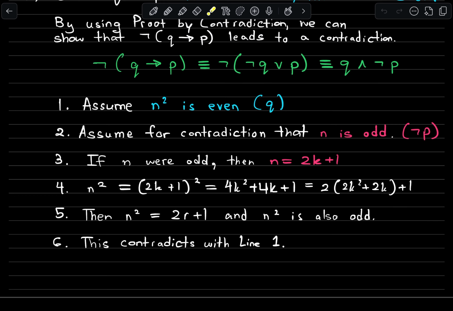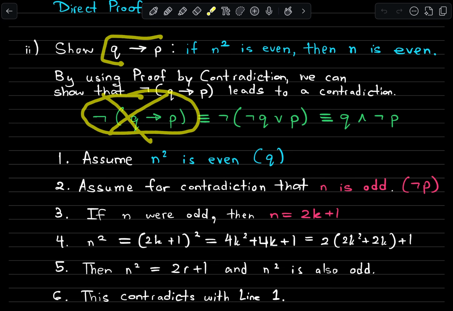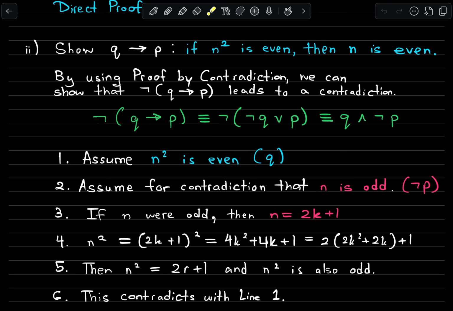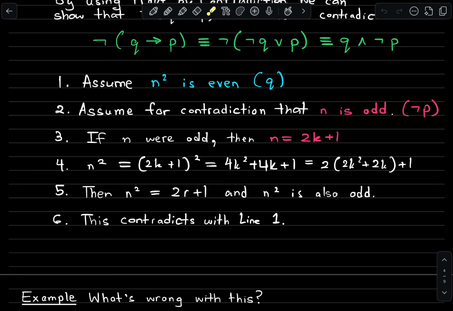Therefore, by contradiction, we've proven that this cannot hold and its opposite must be true. So the negation of Q implies P is not true, therefore Q implies P.